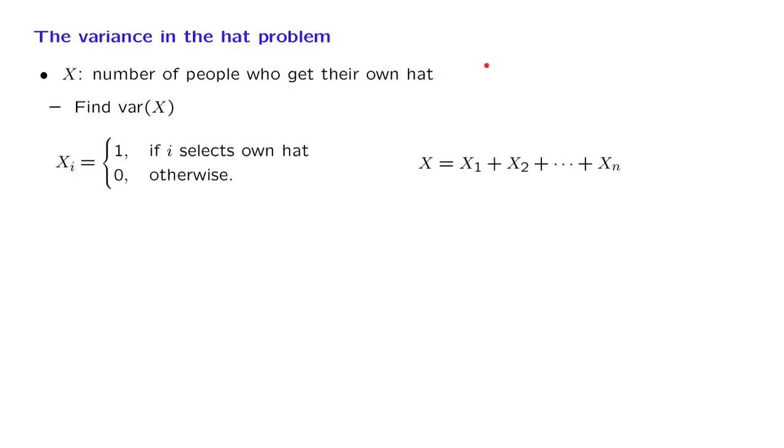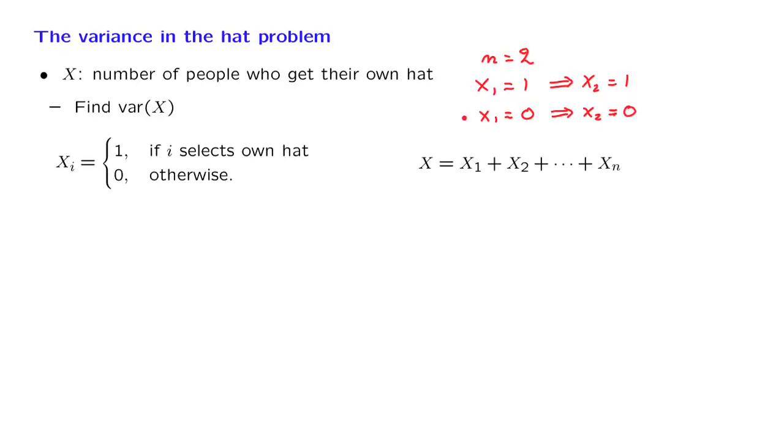Let us consider a special case. Suppose that we only have two persons, and that I tell you that the first person got their own hat back. In that case, the second person must have also gotten their own hat back. If, on the other hand, person 1 did not get their own hat back, then person 2 will not get their own hat back either.